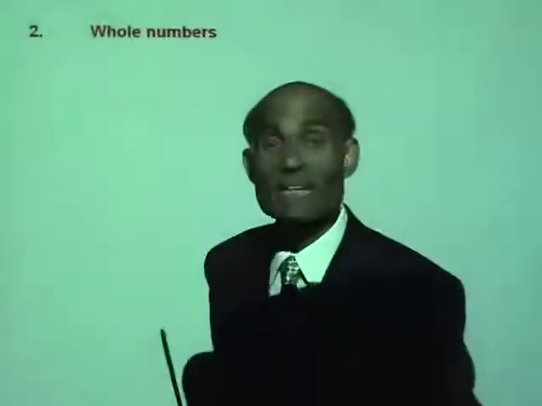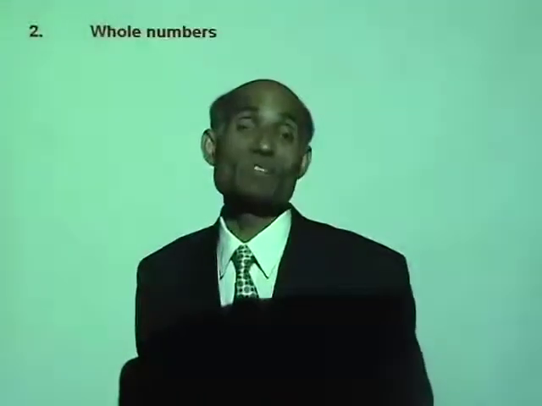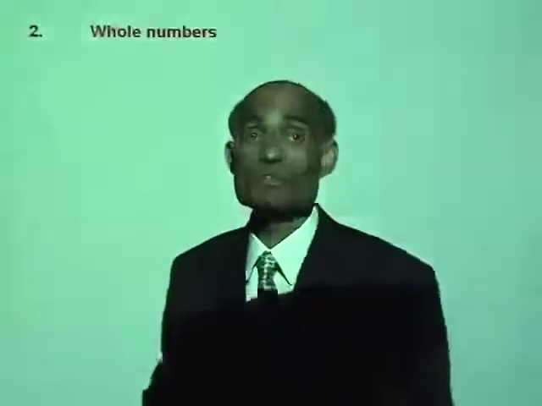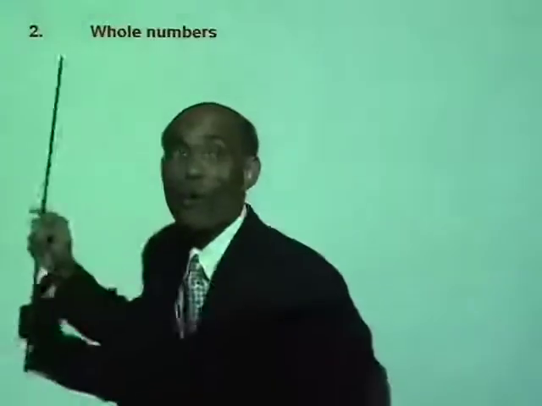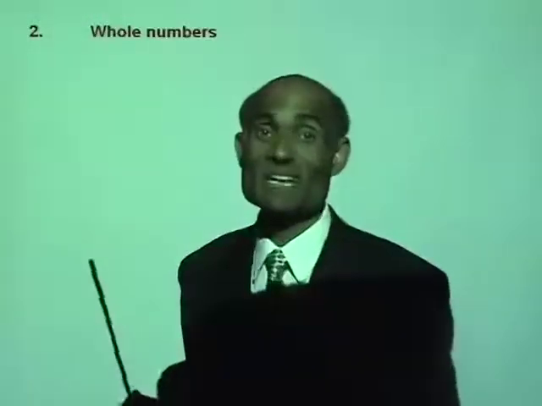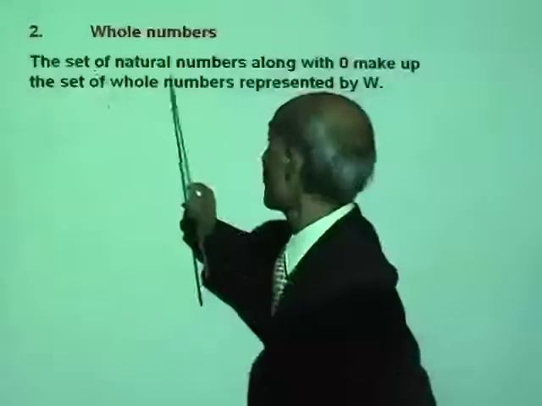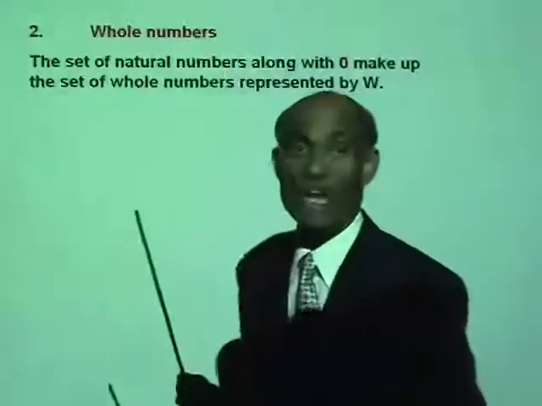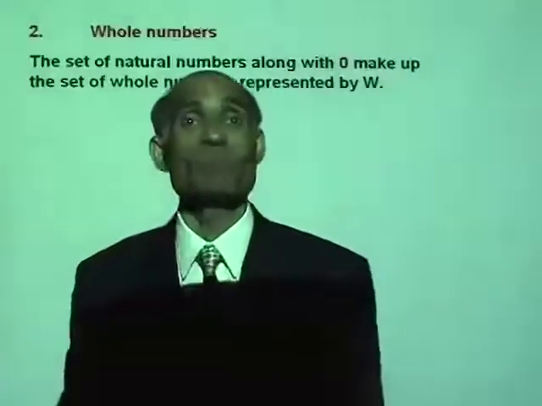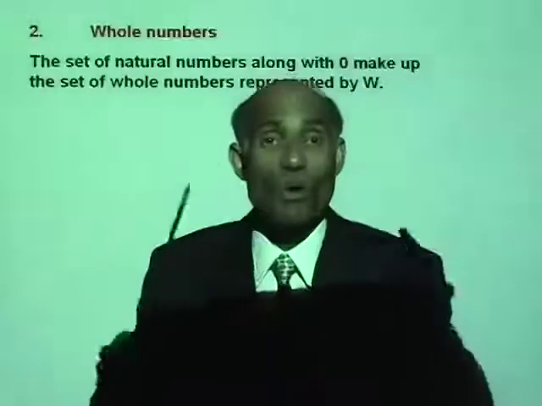Alright, the second type of numbers that make up real numbers is the set of whole numbers. Now, the set of natural numbers along with 0 make up the set of whole numbers.